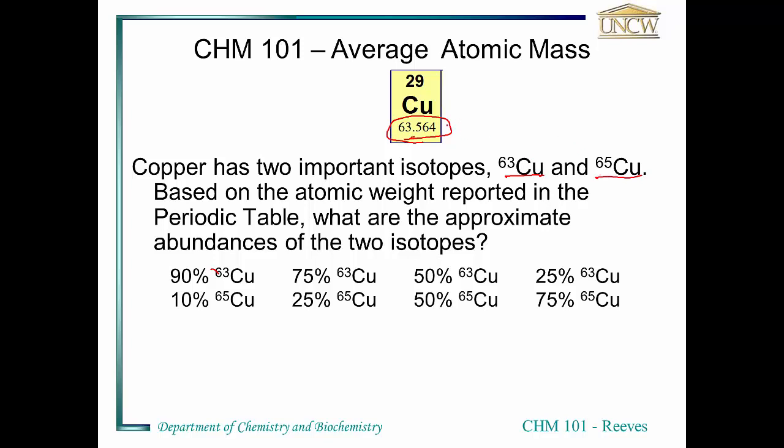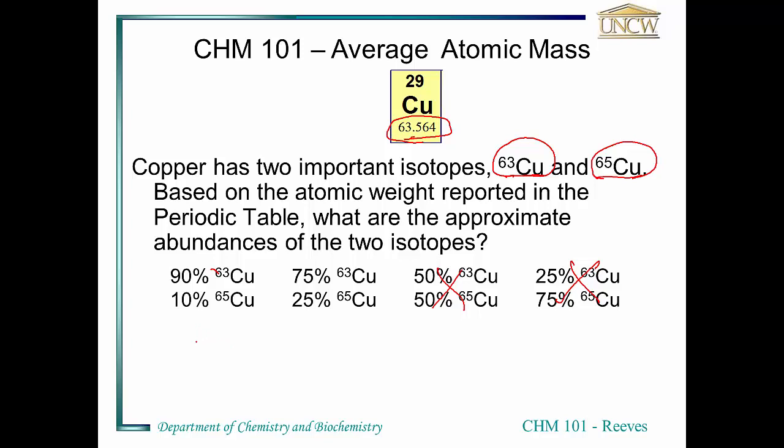But it isn't. It's much closer to copper 63. It's 63.5. That has to mean that there's more copper 63 in the sample than there is copper 65. So the percentages which show more 65 can't be right. And what's more, we know that if it were 50-50, the average mass would be 64. So that can't be right either. So it's got to be one of these two choices that's the right answer.